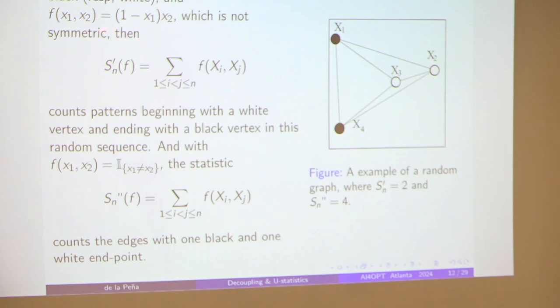The decoupling inequalities that I will show you apply even if the kernel is not symmetric. Suppose that we want to count the patterns beginning with a white vertex and ending in a black vertex. I want to count how many of these there are. How many are there? There are 4, right?